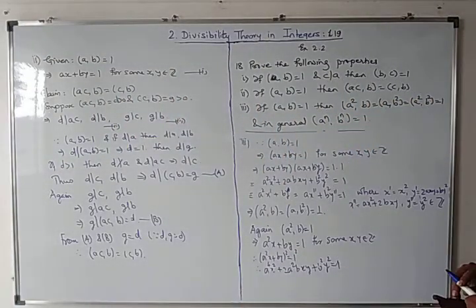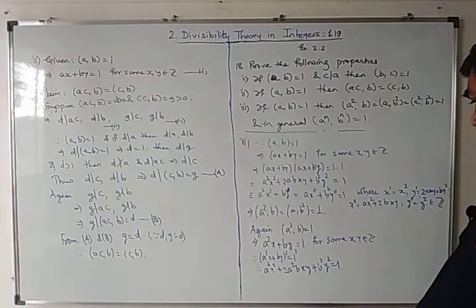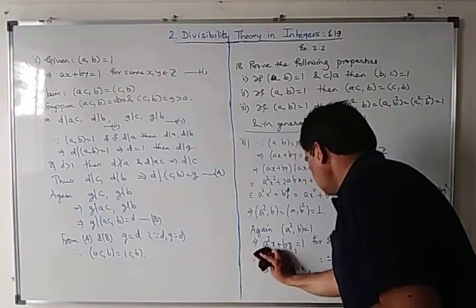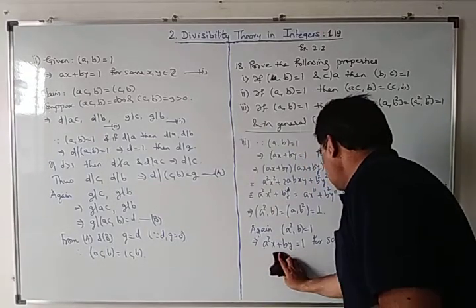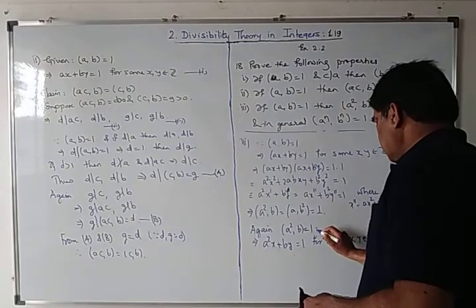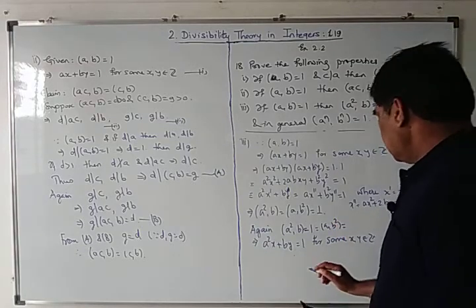So from this I am getting b square, but the middle term is a square b here, right. So what we want to do here, ab square is also 1.